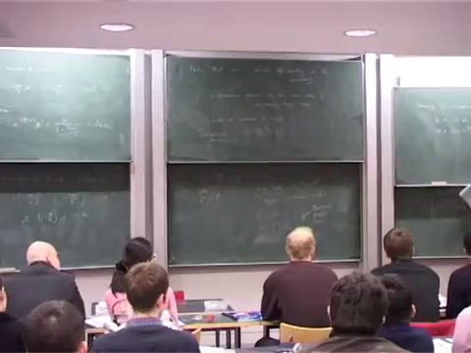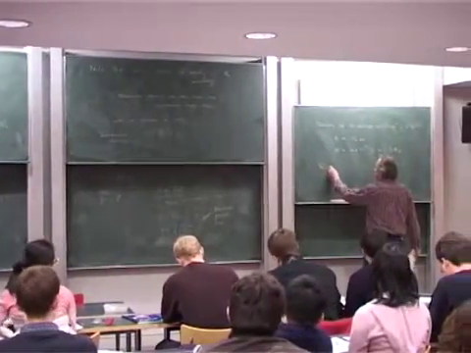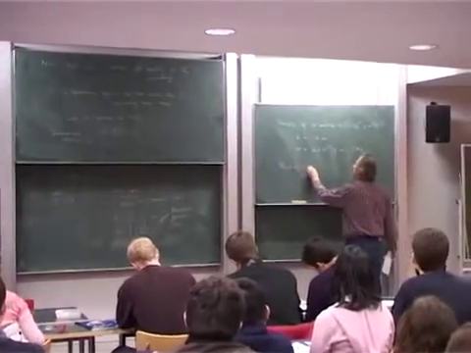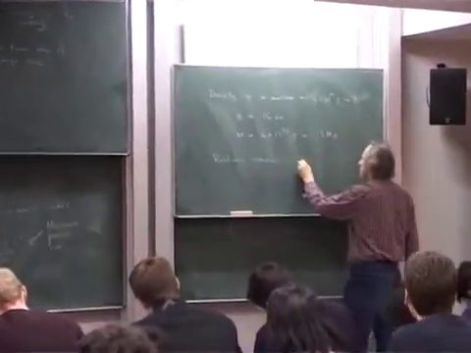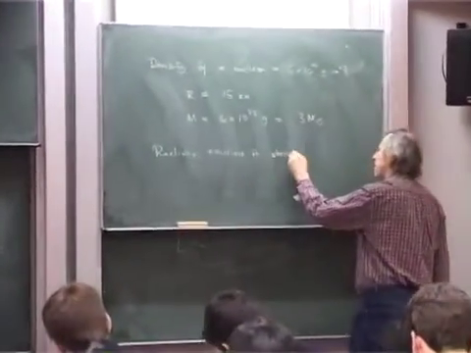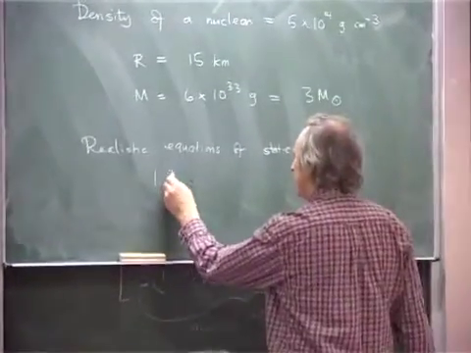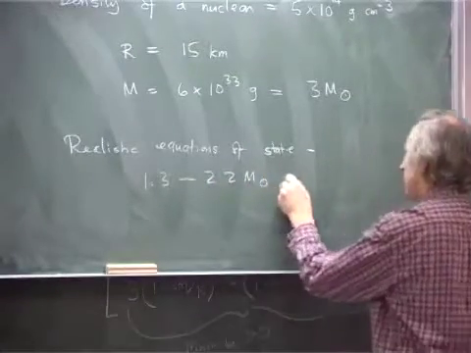The most modern results seem to indicate, but you have to do horrible calculations to do this, realistic equations of state, will give you answers between 1.3 and 2.2 solar masses as the maximum.